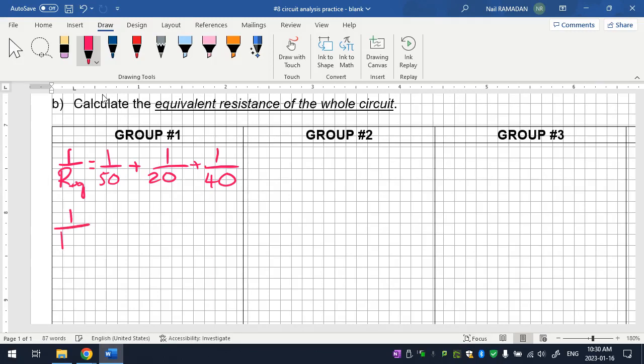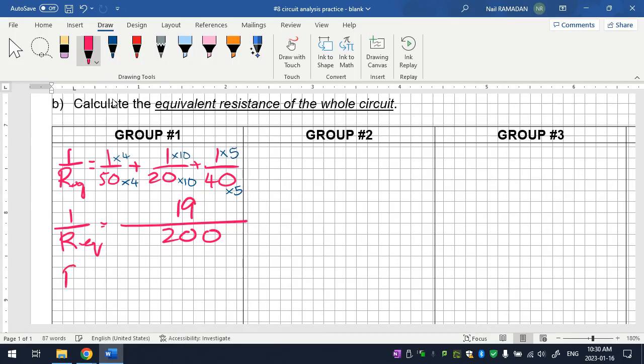So 1 over REQ equals something over 200. Now, what would need to be done? This is times 4, and this is times 4. This is times 10, and this is times 5. What do I get? 4 plus 10 plus 5. That's 19.